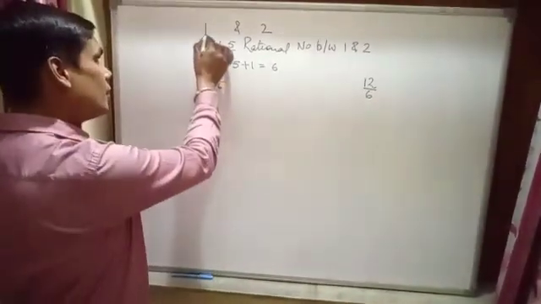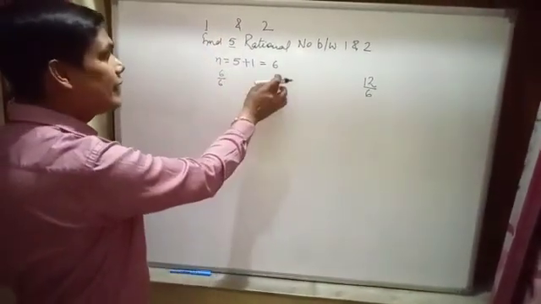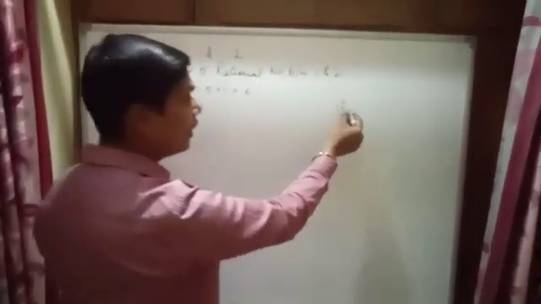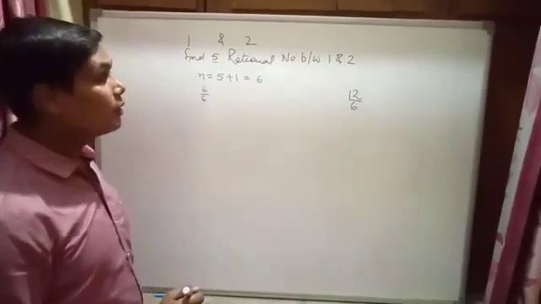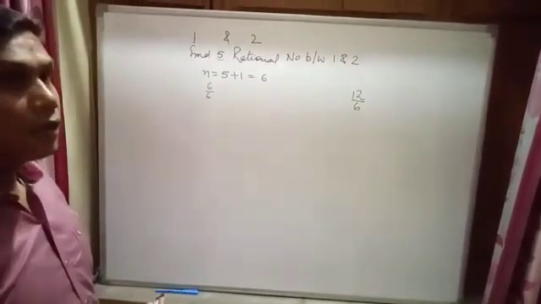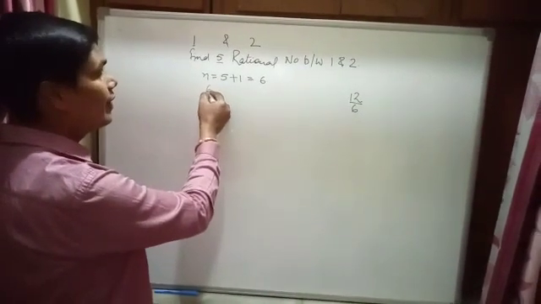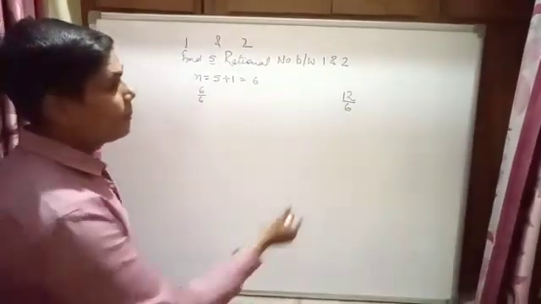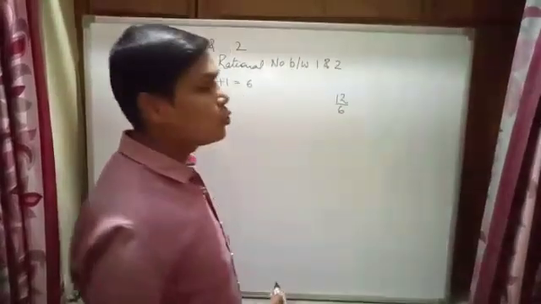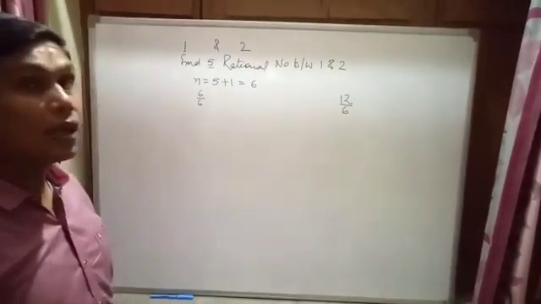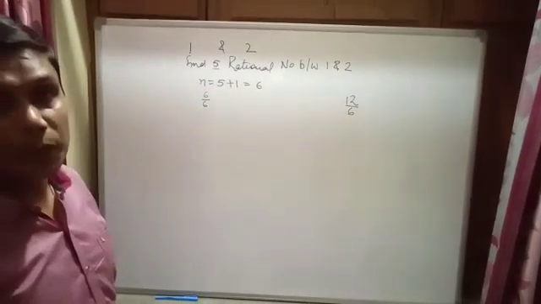Means for 1 you will write 6 by 6, for 2 you will write 12 by 6. This is only a change of form, the numbers are the same, because 6 divided by 6 you will get 1, and 12 divided by 6 you will get 2. But from this process we will get the answer very promptly.